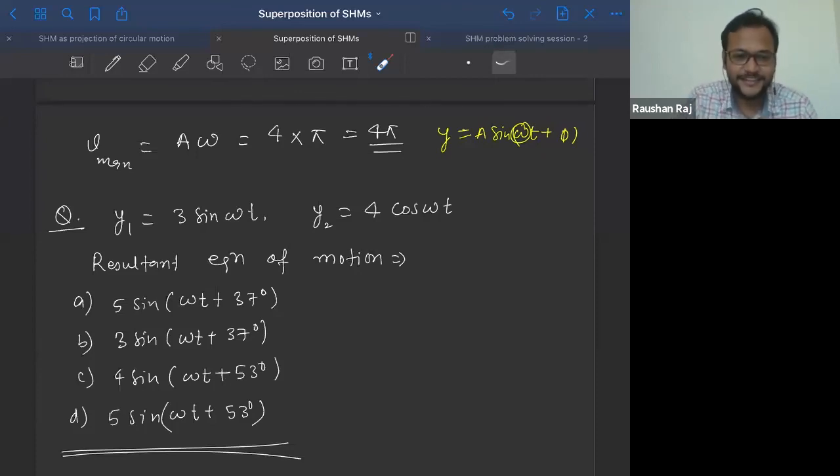Let us see what happens. Write a small a. Why are you writing B three times? Bharat says A. Shreya says D. No option C, sir. I don't know. Anyway, let me end the poll.